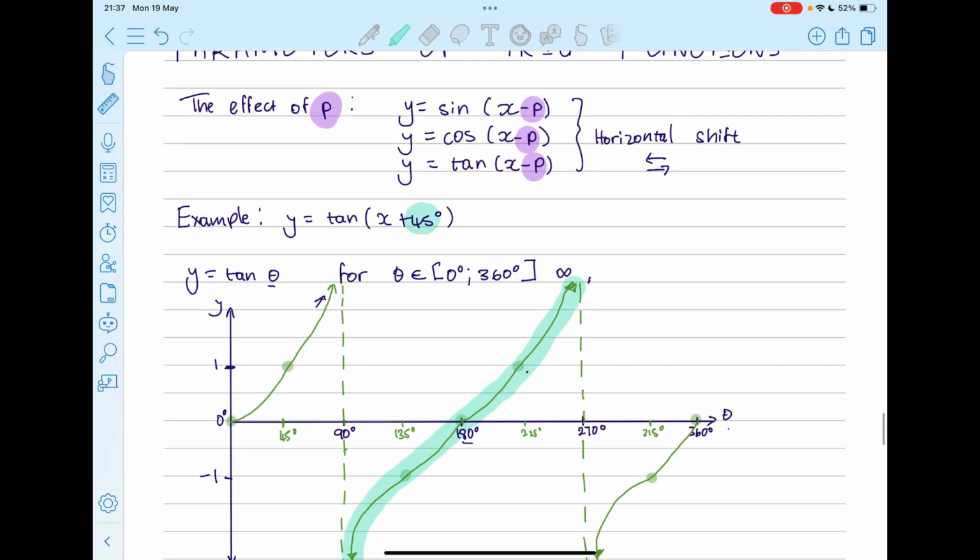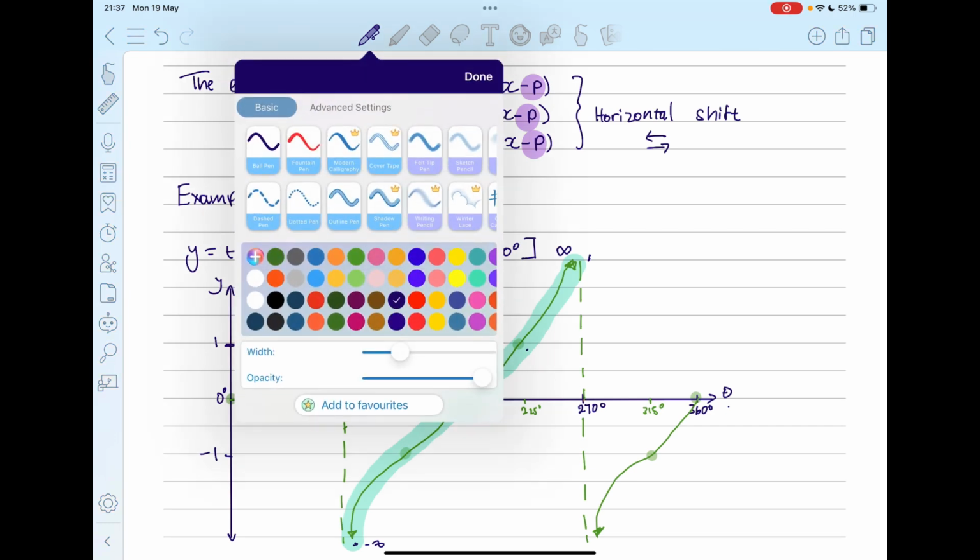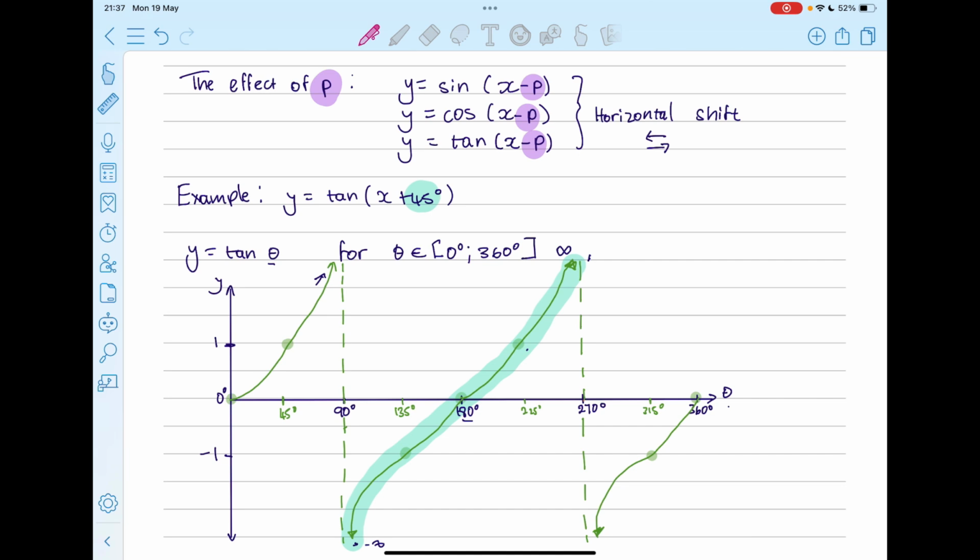Okay, so now we have a p-value, meaning we have a horizontal shift. And because p is positive, it means that our graph is moving towards the left. So let me write that.